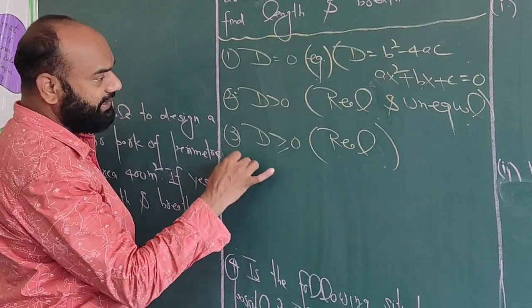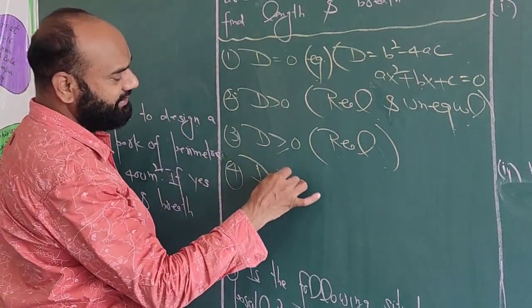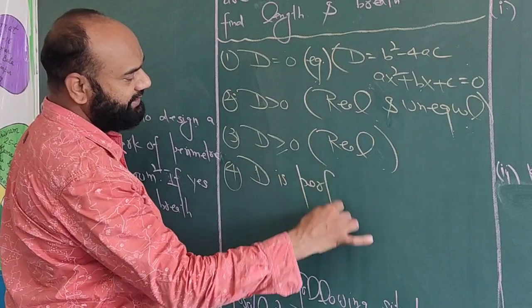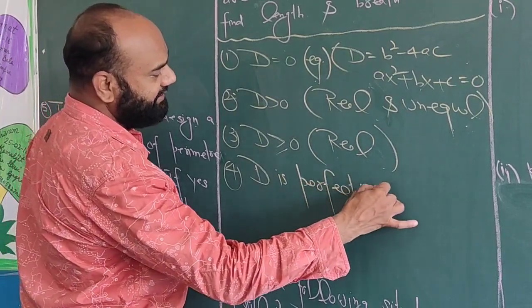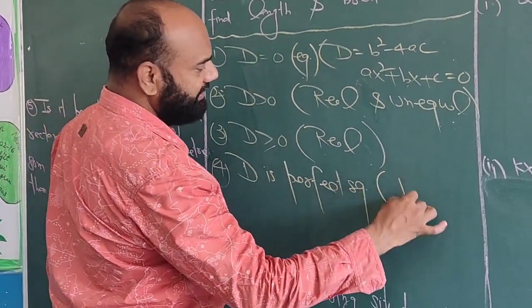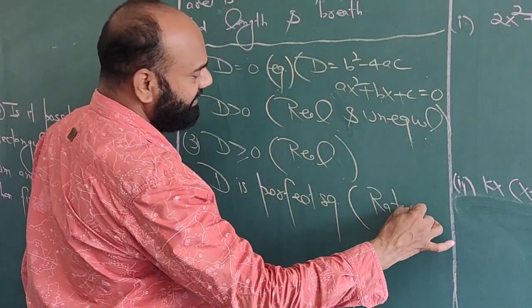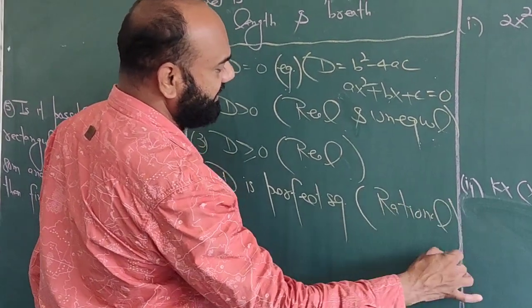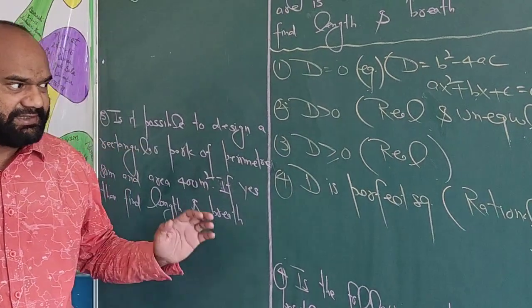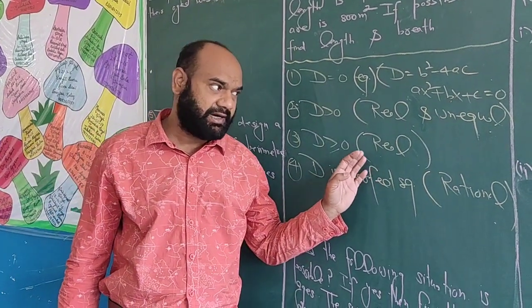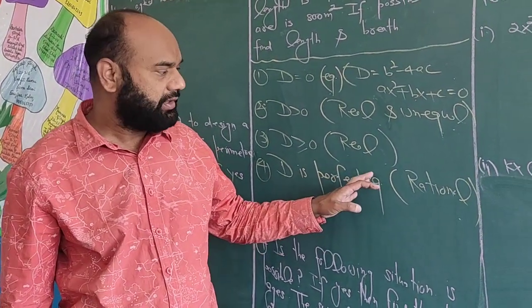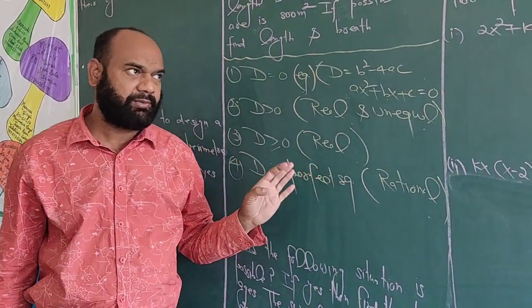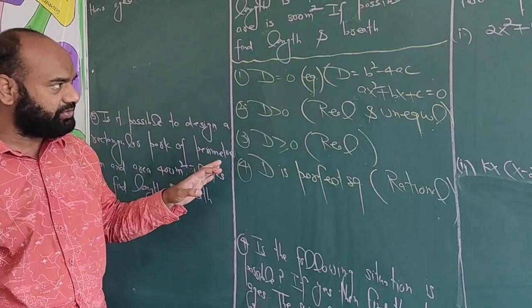And fourth, when D is a perfect square, then the roots are rational. Rational numbers are those which are in the form of p upon q, where p and q are relatively prime to each other and q is never equal to 0.